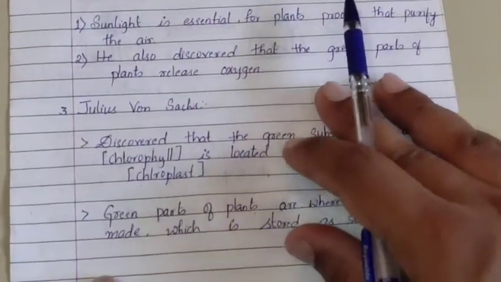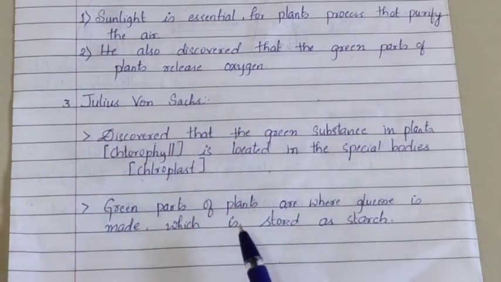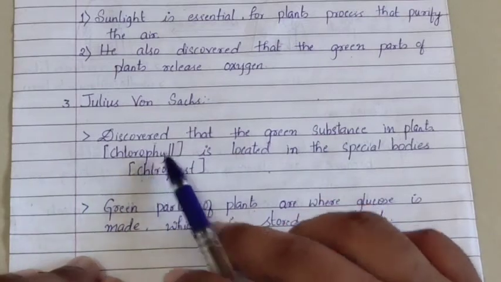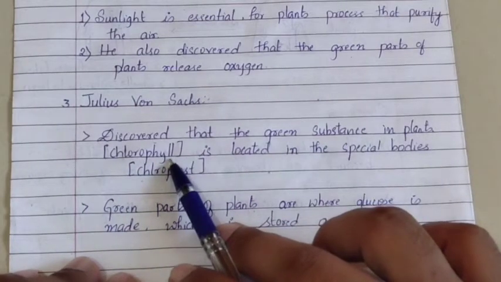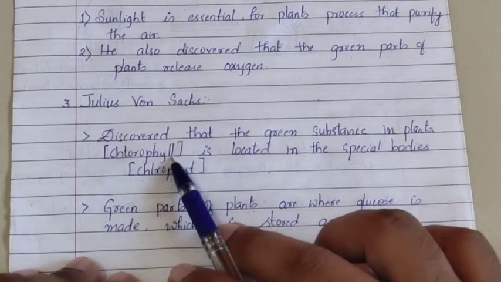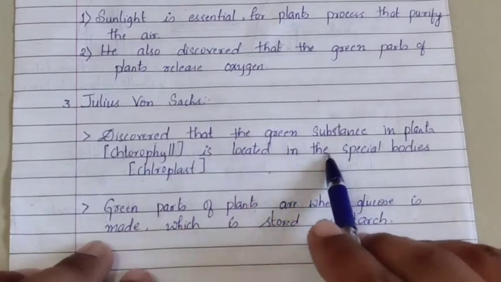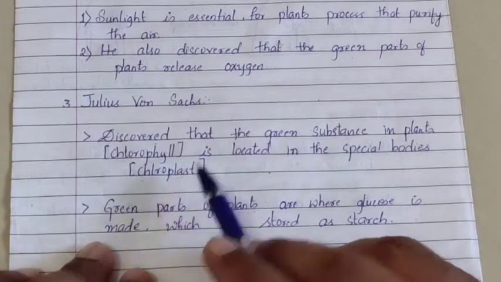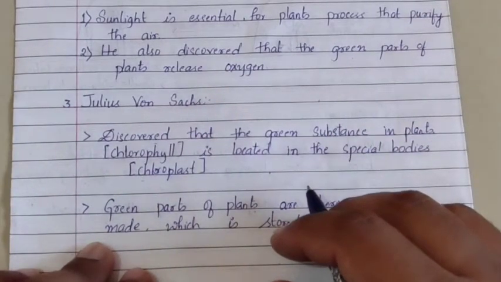experiment, that is performed by Julius von Sachs. Here, based on his experiment, he discovered that the green substance in the plants is called chlorophyll, right? This is a green pigment, and this green pigment, chlorophyll, is located in special bodies called chloroplasts.